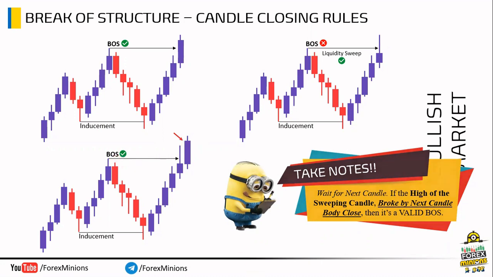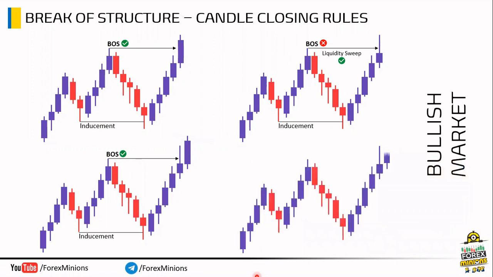Now, let's check this example. Is it a valid BOS or invalid? Think for a moment. Can you answer whether it is valid or not? Well, as per two basic rules, first the market has taken out this inducement. Right? Secondly, we need to check the candle closing rule above this high.